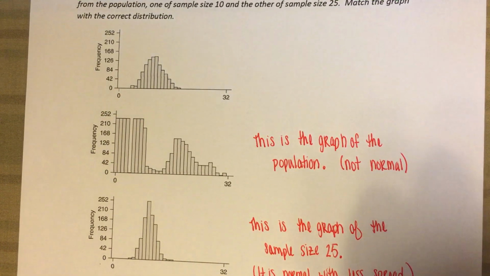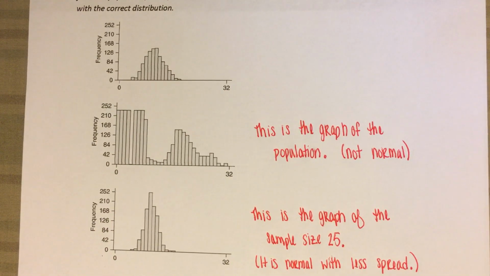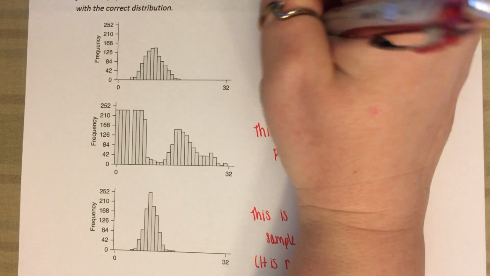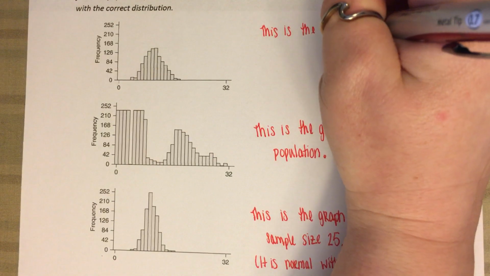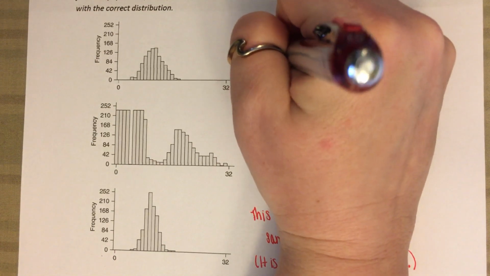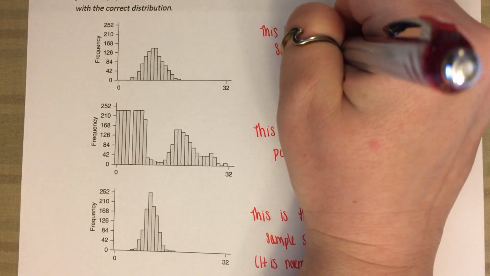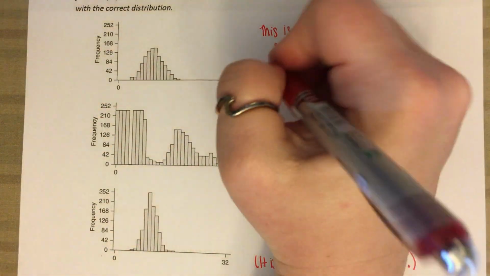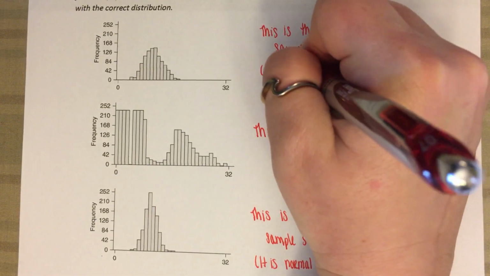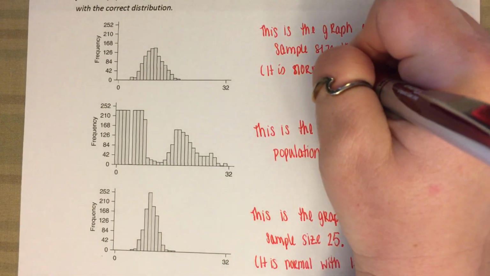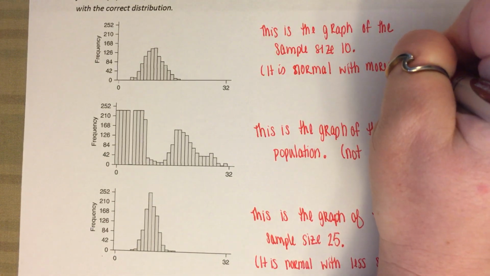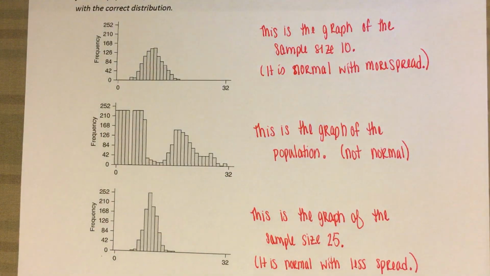It is taller and narrower, which means there is less spread or less variation. So that means that this is the graph of the sample size 10. It is still approximately normal, but it has more spread. So it is normal with more spread.